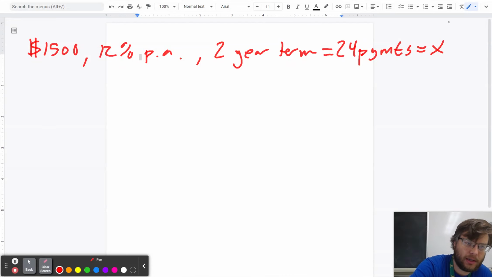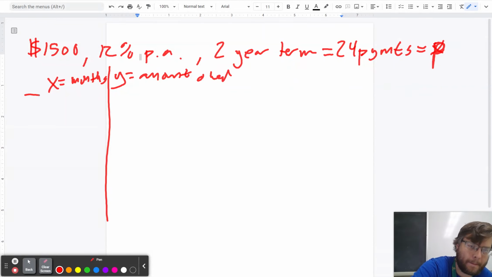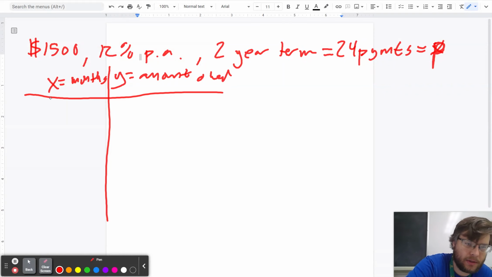So what I can do is make a little bit of a table here. Let's call this the payment P, and X can be the months, and then Y is the amount owed. In month 0, the amount owed is 1,500.